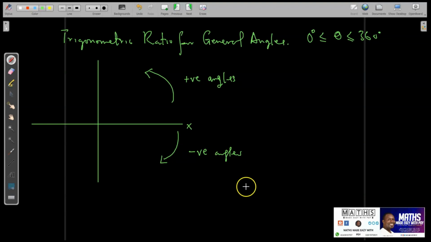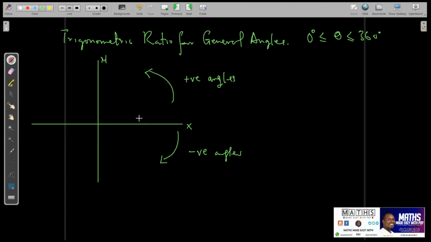So don't confuse bearing with trig angles measurement. Unlike bearing, whereby you must always measure from the geographical North Pole in the clockwise direction, when it comes to trig, the angles are measured from the positive x-axis in the anti-clockwise direction.